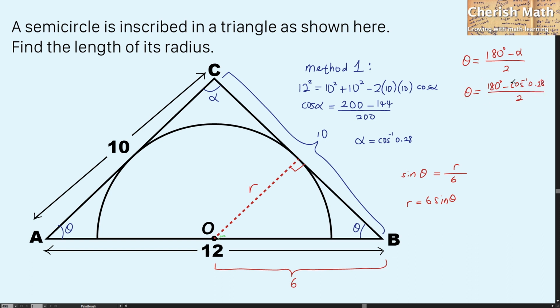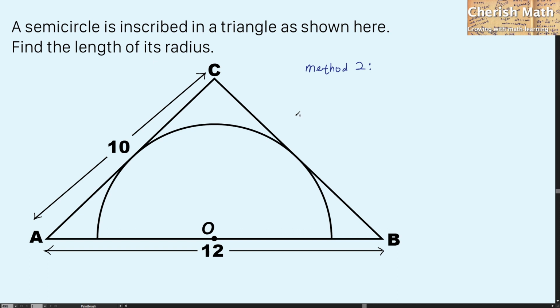Then I substitute the value of theta into sine theta, so R is 6 multiplied by sine of this. I'm going to copy and paste it in. Using a calculator, the value of this radius is 4.8 units. And we solve it.